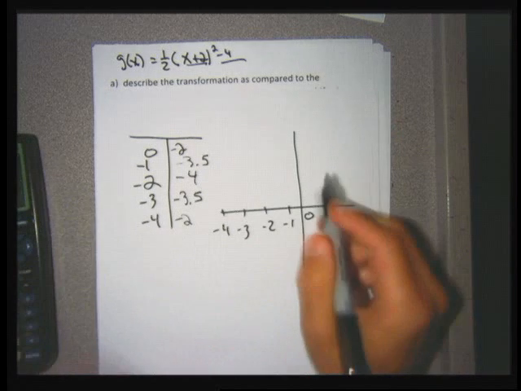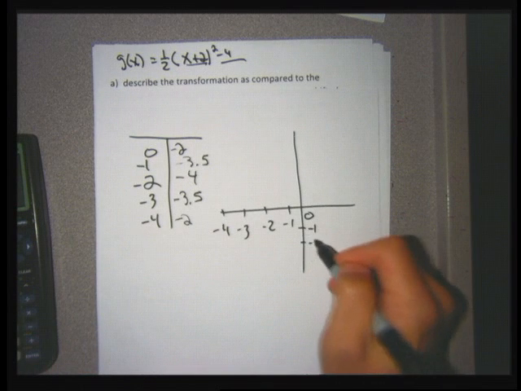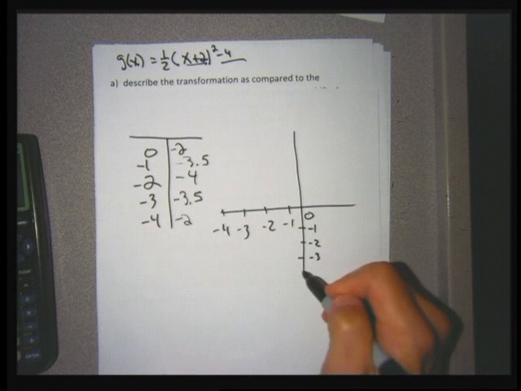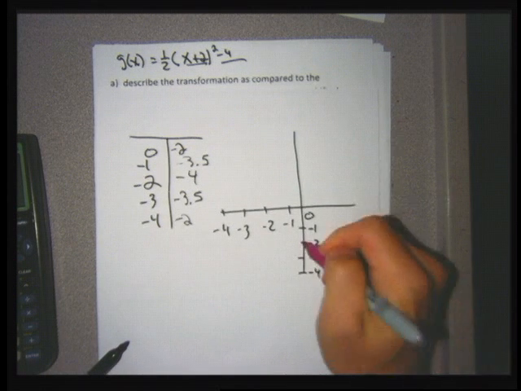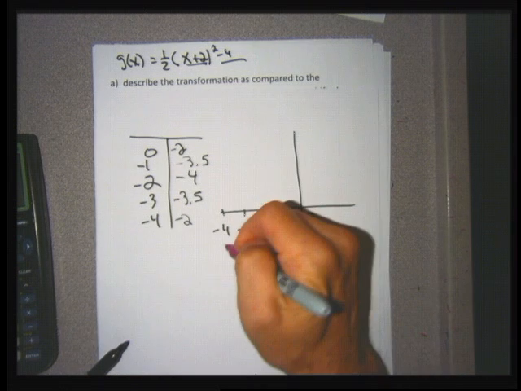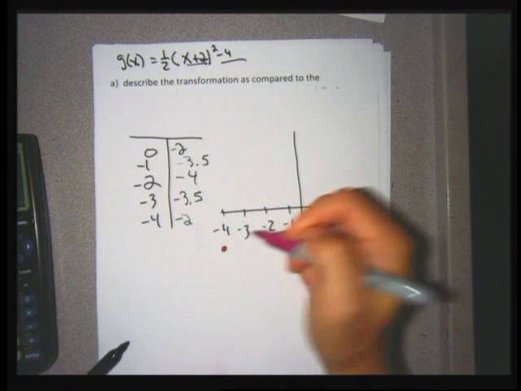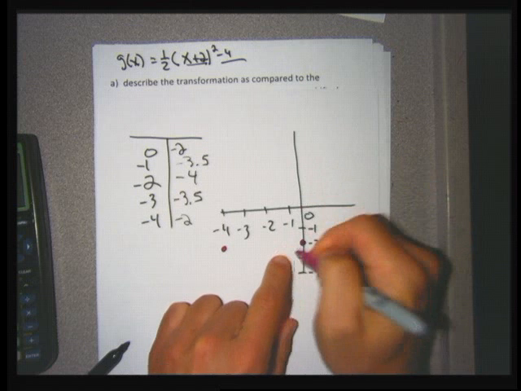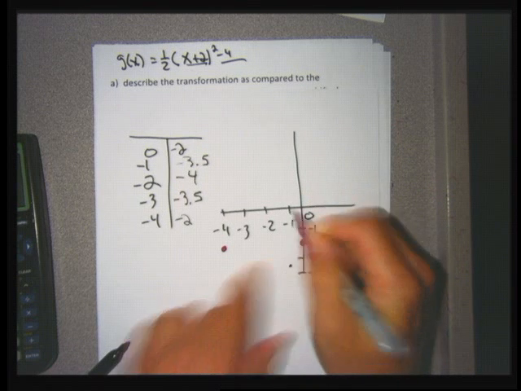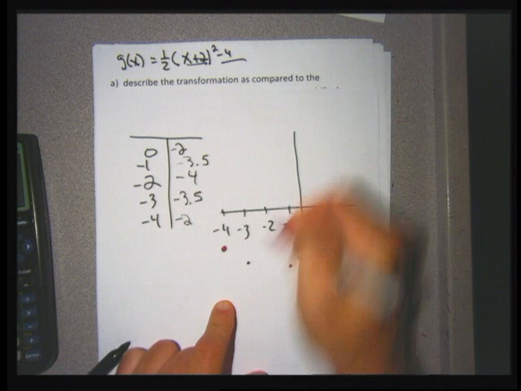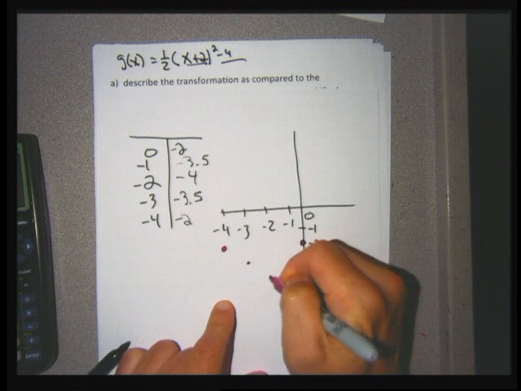So now I can increment my y-axis at -1, -2, -3. I don't need to go beneath -4. I'm going to plot the points (0, -2), (-4, -2), (-1, -3.5), (-3, -3.5), and then (-2, -4).